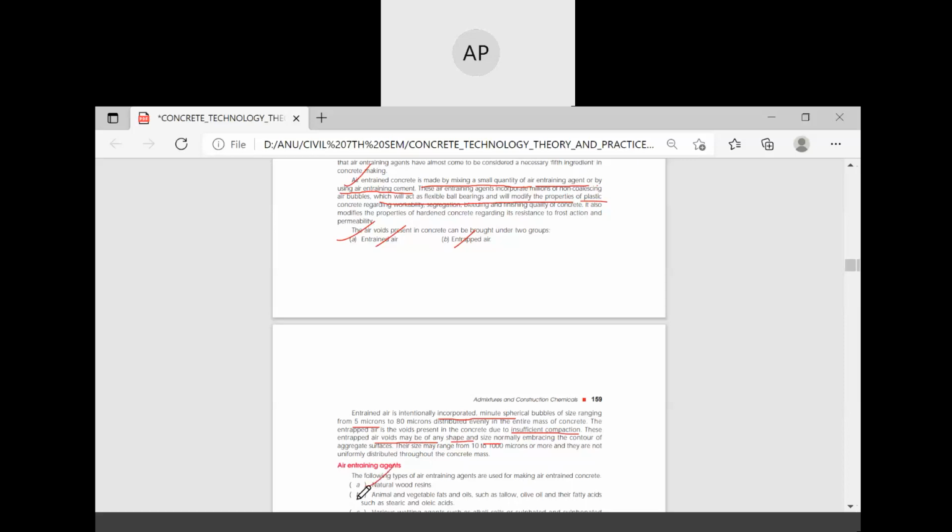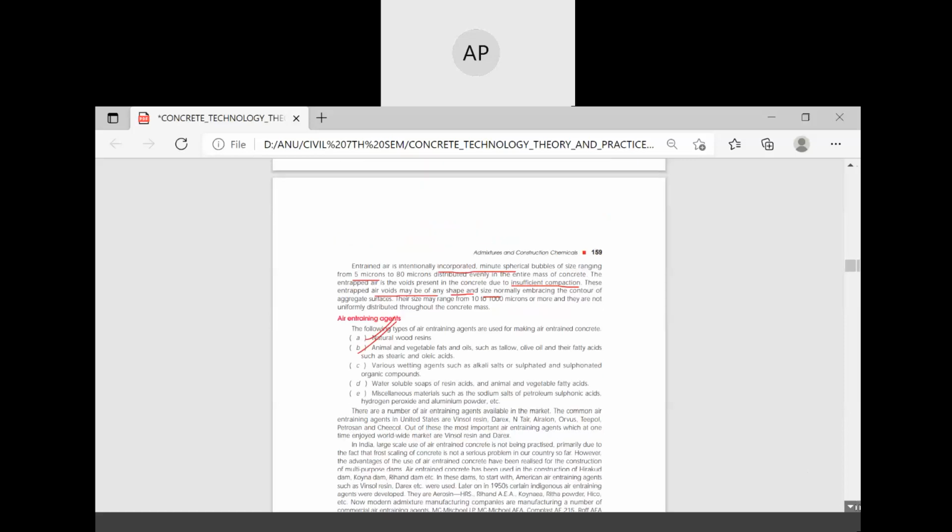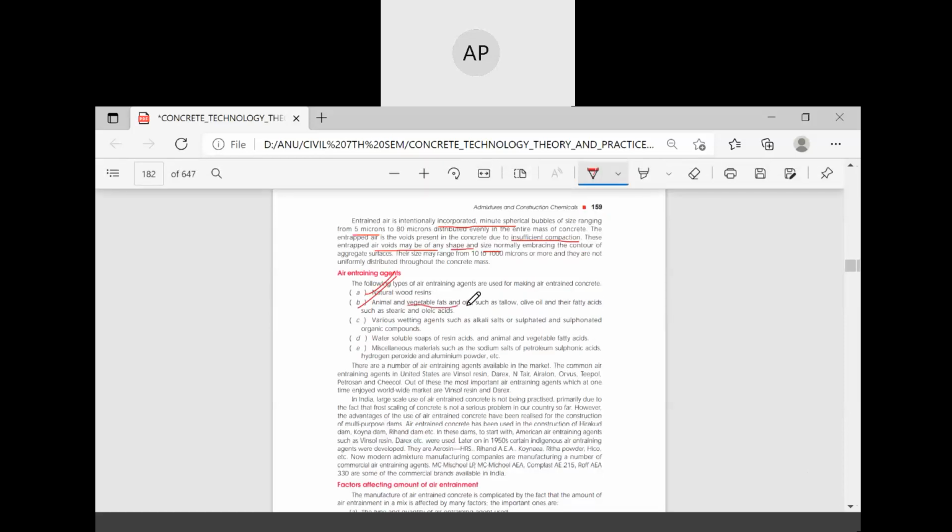Air entraining agents include natural wood resin, animal and vegetable fats and oils such as tallow, olive oil, and their fatty acids such as stearic and oleic acids.